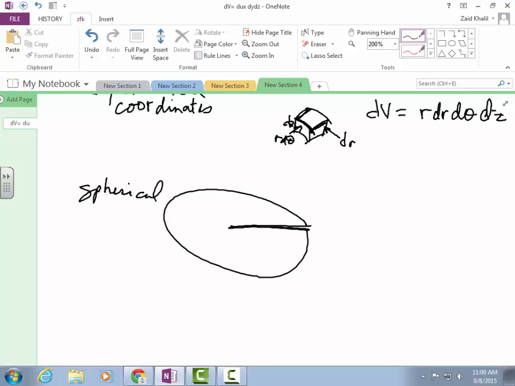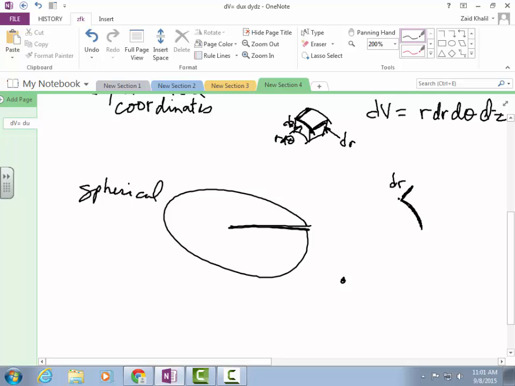So your volume element is going to look like this. First you have your origin, and then this is going to be rotated. This is a little hard to draw. There's r. This is our dr. What do you want to call this angle?